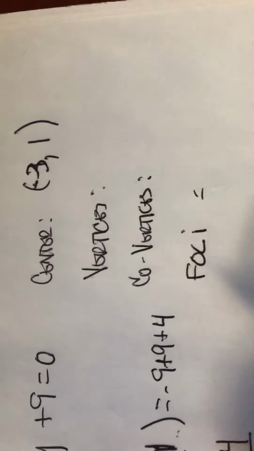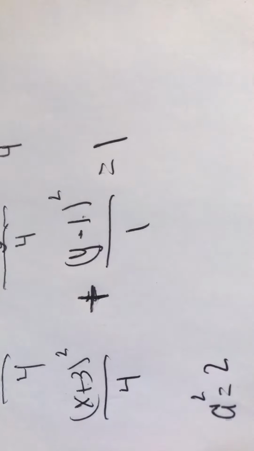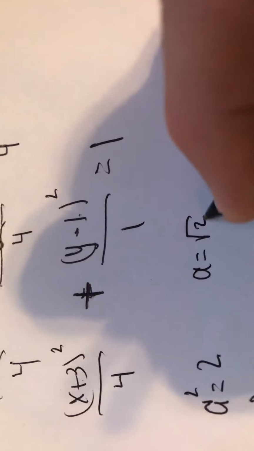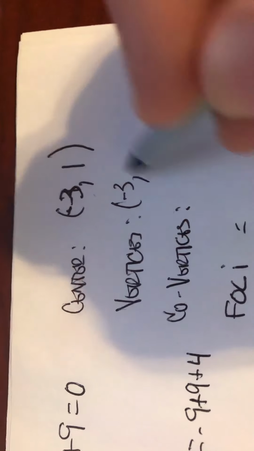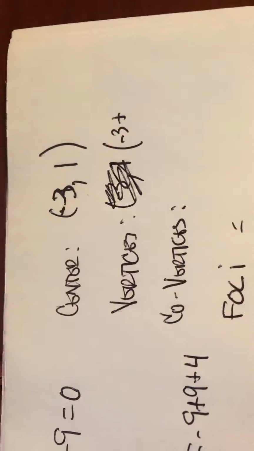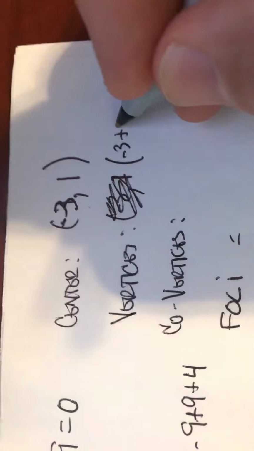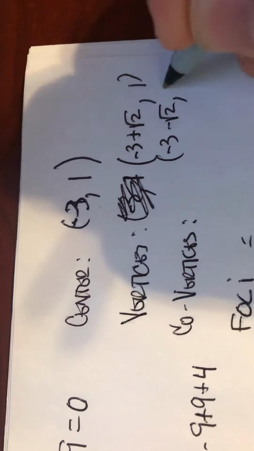My vertices, now since this is horizontal, I add a. A is 2, b is 1, c is the square root of 3. To find my vertices, I take my h value, negative 3, and I add to it, and I subtract from it whatever a is. So negative 3 plus a, 1, negative 3 minus a, 1.